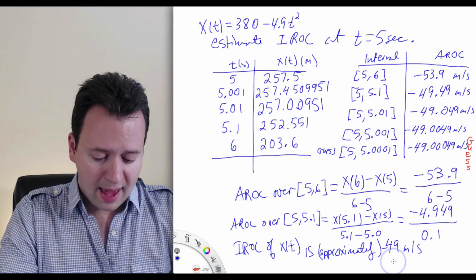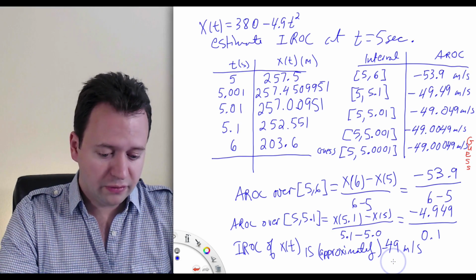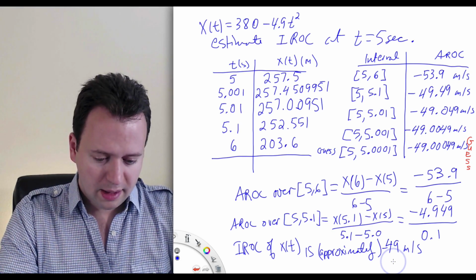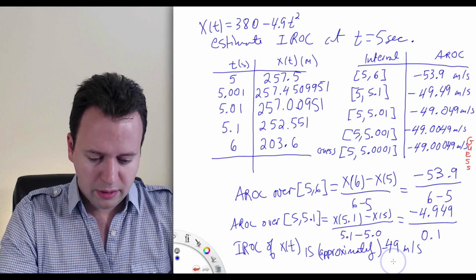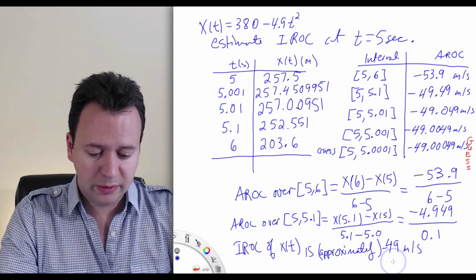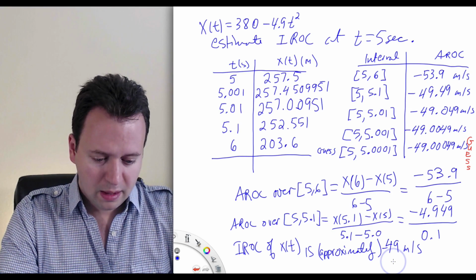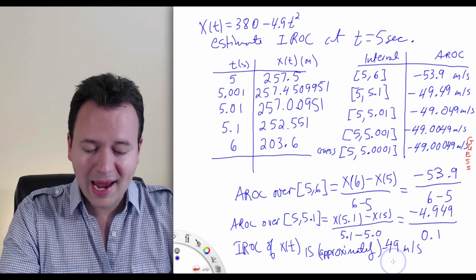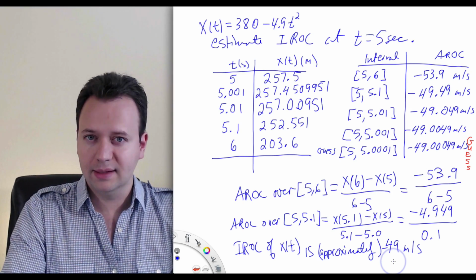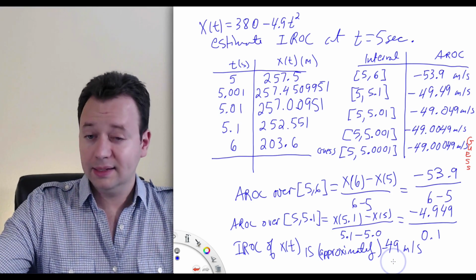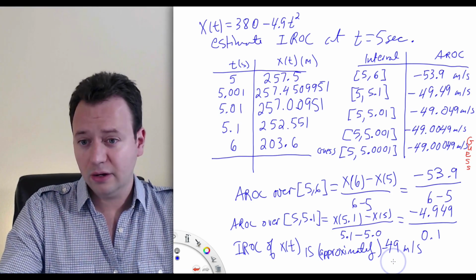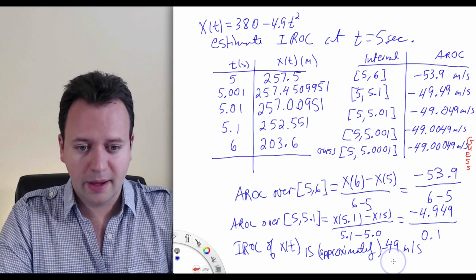And if we looked, just out of curiosity, at the time in which the object lands, which I said was approximately 8.8 seconds, the speed will be about 86 meters per second at the time that it hits the ground. Now 86 meters per second, you can convert that to miles per hour.